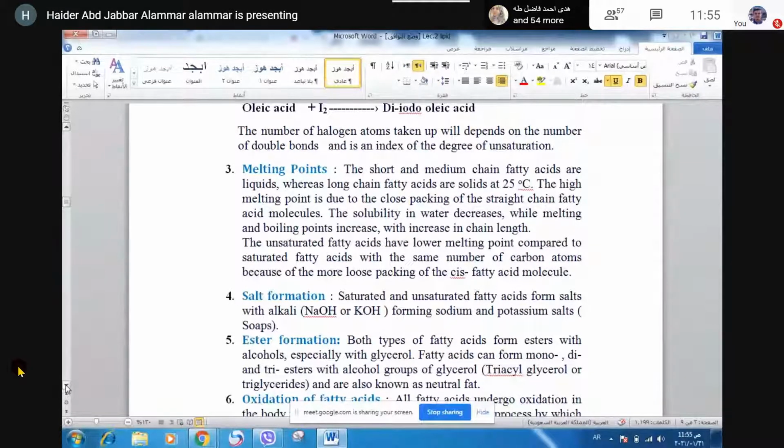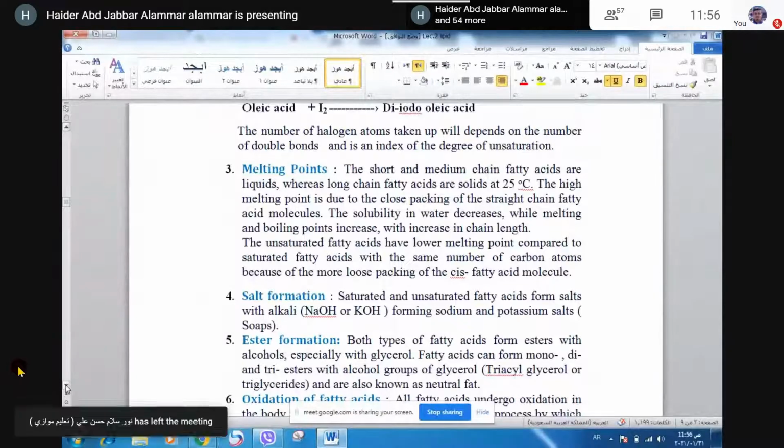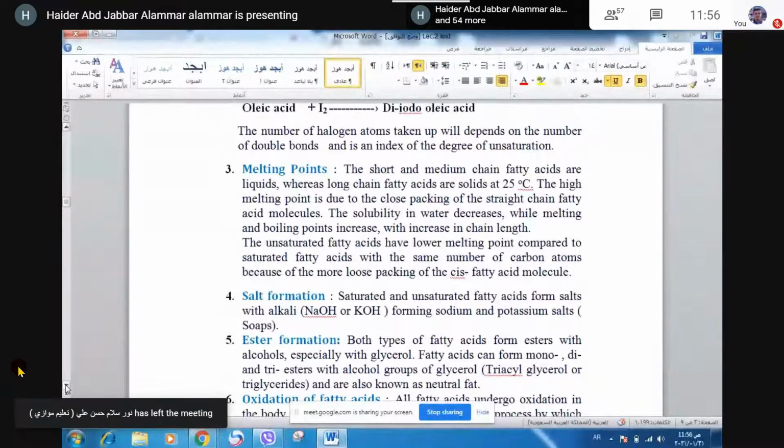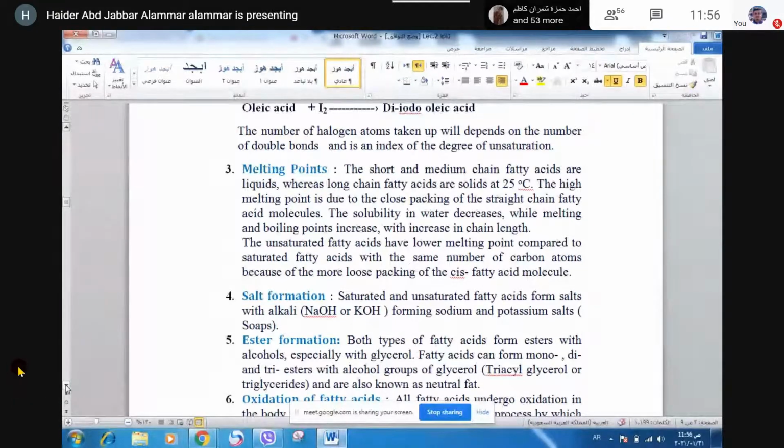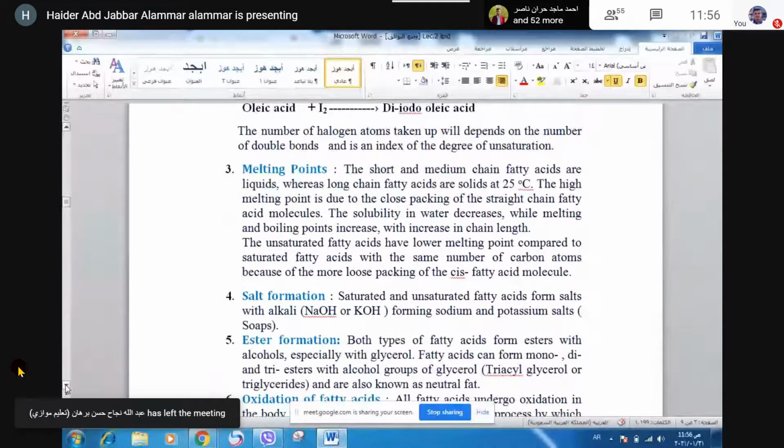Saturated fatty acids have a higher melting and boiling point in comparison with unsaturated fatty acids, because unsaturated fatty acids have a lower melting point and boiling point due to the loose packing of the cis configuration, owing to the presence of the double bond.